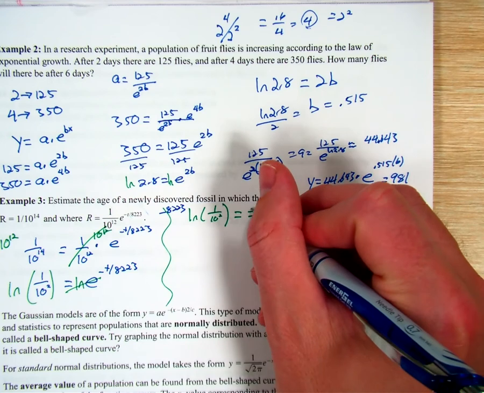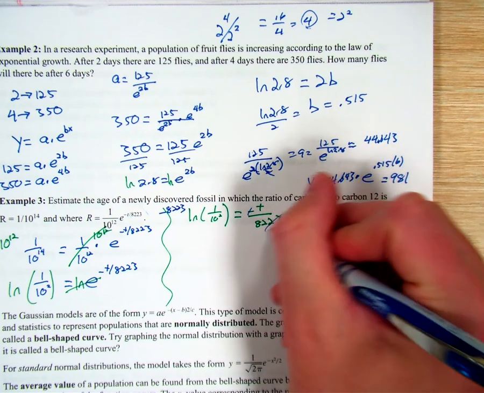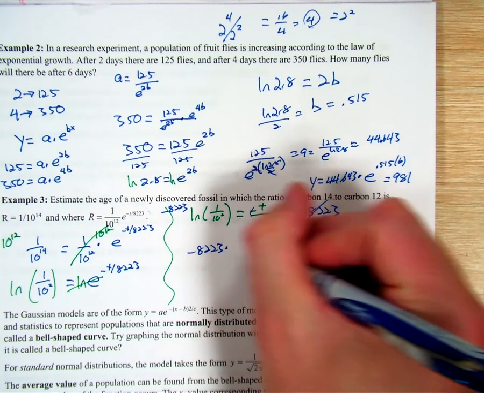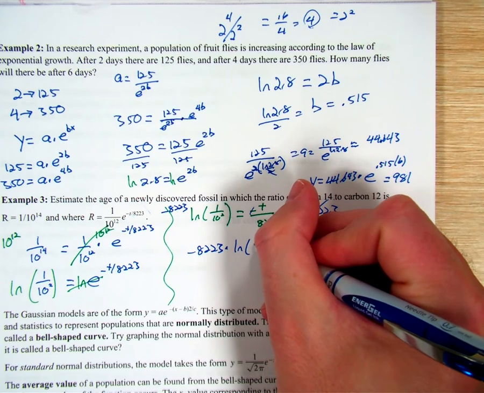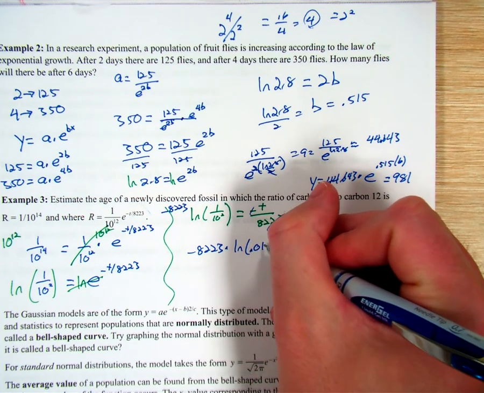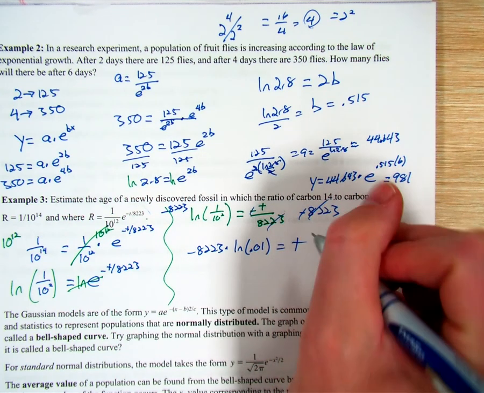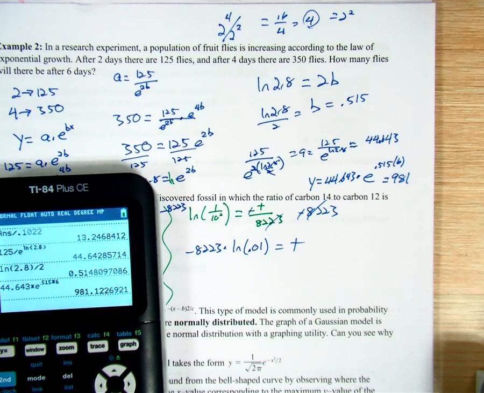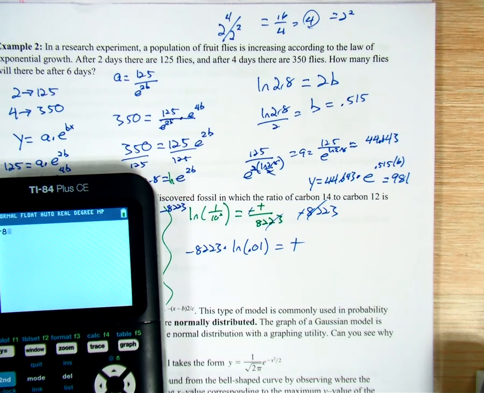So that should take care of my negative and my number. 1 over 10 squared is 1 over 100, or 0.01. Negative 8,223 times natural log of 0.01.